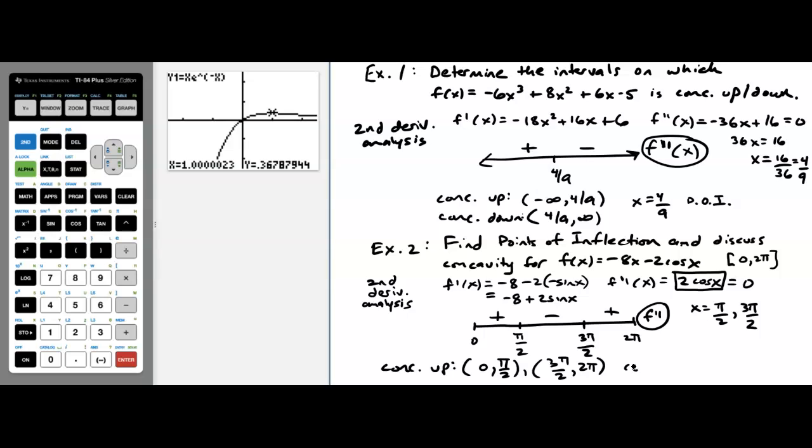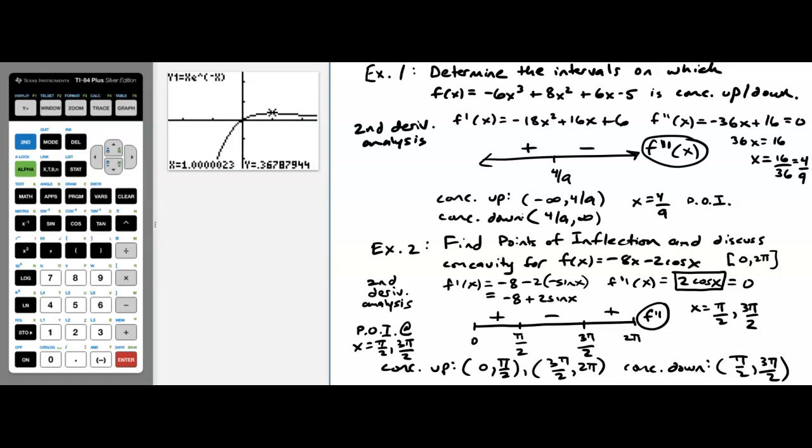And then we're concave down between pi over 2 and 3 pi over 2. And since the concavity changes at both of those places, then we would say we do have a point of inflection at both x equals pi over 2 and x equals 3 pi over 2.